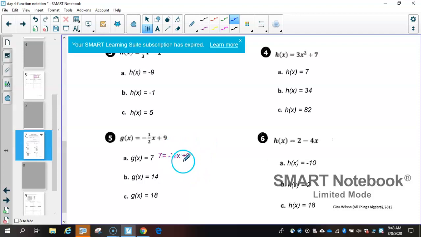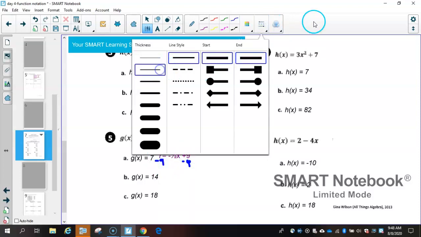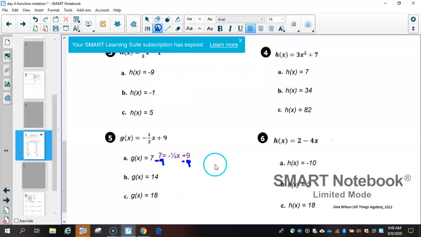I need to solve for x, so I'm going to go ahead and subtract 9. And then I'm left with -2 equals -1/2 x.